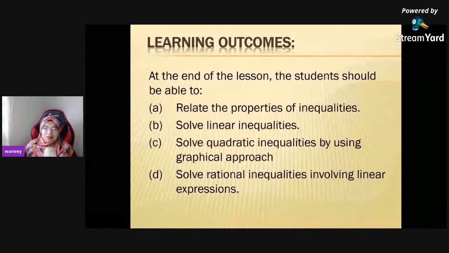And then we're going to solve rational inequalities involving linear expressions. Our rational inequalities are quite easy because we simply have one factor in the numerator and another factor in the denominator. So we're going to solve simple rational inequalities first because we need to test our understanding first, and then you can move to other questions in your tutorial.